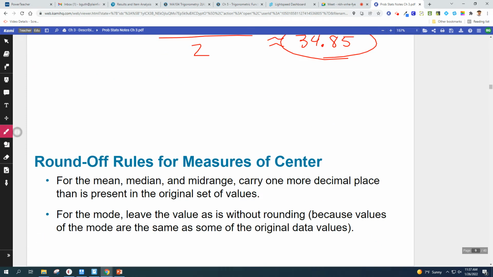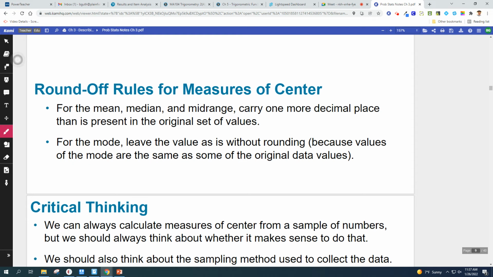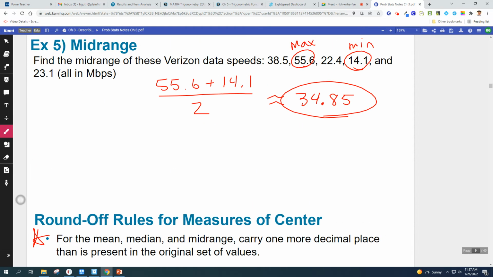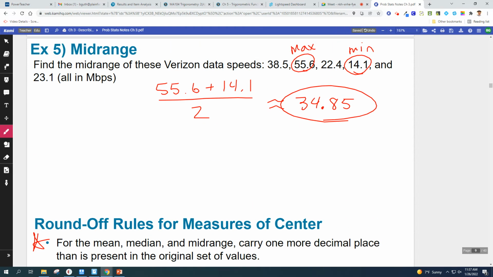Well, here's where it's going to say that, okay? For the mean, median, and mid-range, carry one more decimal place than is present in the original set of values. So there's only one decimal place, so I kept 2.